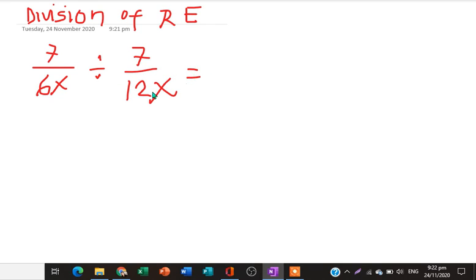Okay. Now, in dividing fractions, you are going to change the operation to multiplication and get the reciprocal of the divisor. So the divisor is 7 over 12x, so therefore the reciprocal is 12x over 7.